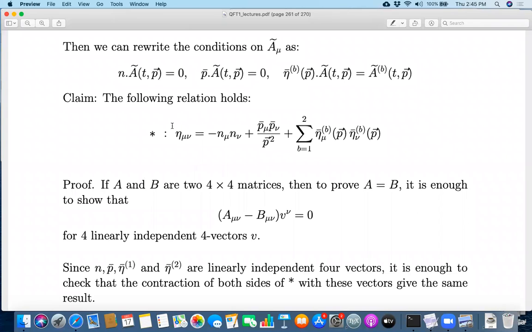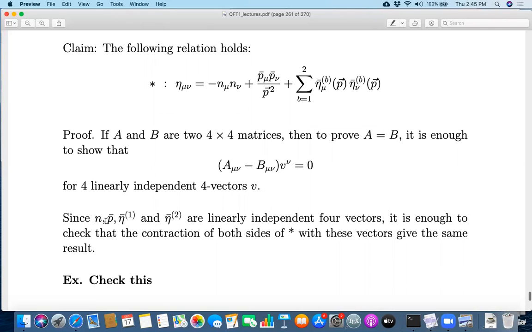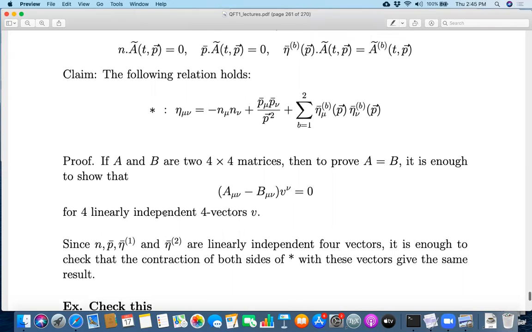So this gives you a way to check this, because we have already introduced 4 linearly independent 4 vectors: n, p bar, eta bar 1 and eta bar 2. All you have to check is that eta mu nu contracted with n is the same as this matrix contracted with n. So let's check that. Eta mu nu n nu will give you n mu on the left hand side. And when you contract with n nu here, the n squared gives you minus 1, which gives you back n mu.